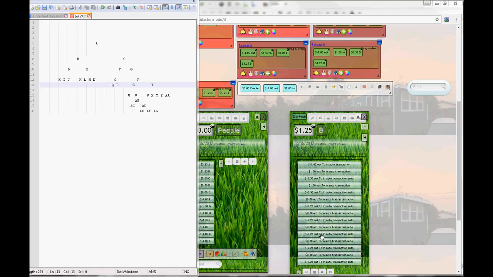Oh no, we're in B, not... Yeah, so now we're talking about K and L. Let's go back, because I need to make sure it's right. B, paying on its own to A. That's for D, that's for E. That's for H, I, J, K, L. Okay, B is correct.